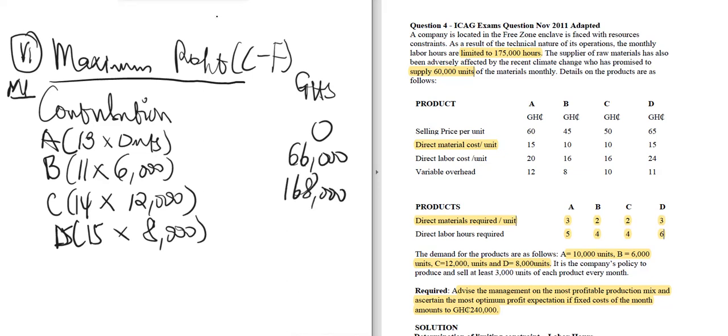Then 15 by 8, that's 120,000. Okay, so this is our total contribution now. So if we add up, that's 66,000 plus 168,000 plus 120,000. That gives us 354,000.